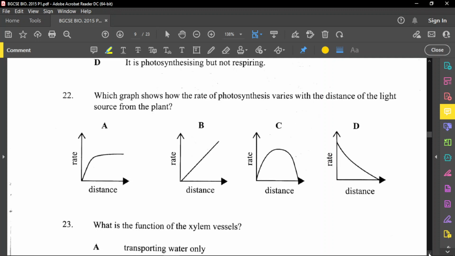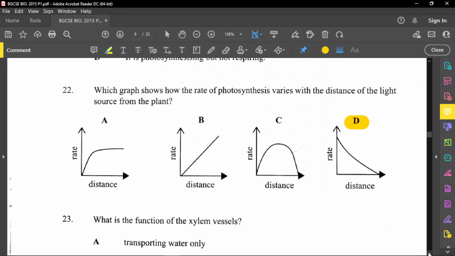So the best graph that shows a decreasing rate of photosynthesis as the distance from the light increases is D. Okay? So further away from light means less photosynthesis. As the distance away from the light increases, we have a decrease in the rate of photosynthesis.